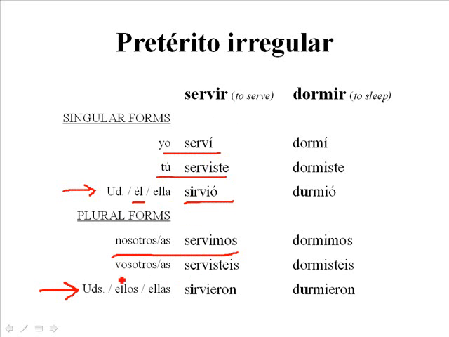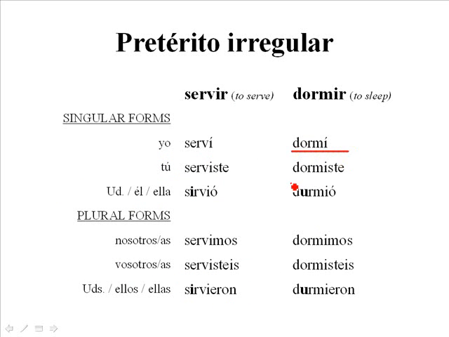Nosotros servimos, vosotros servisteis, ellas sirvieron. Con dormir, yo dormí, tú dormiste, él durmió. That O changed to U. Nosotros dormimos, vosotros dormisteis, ellos durmieron.